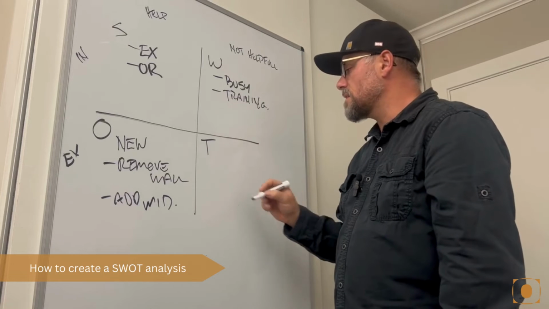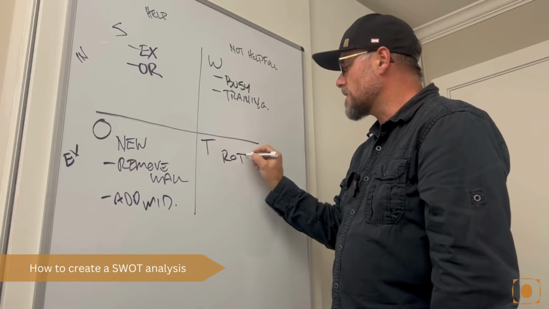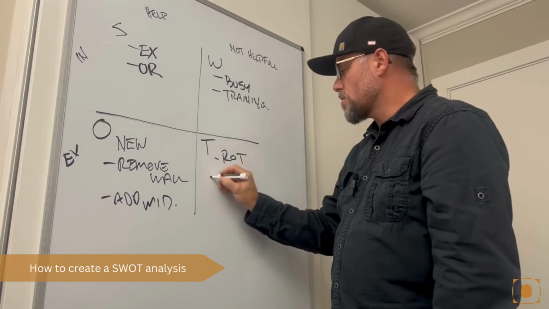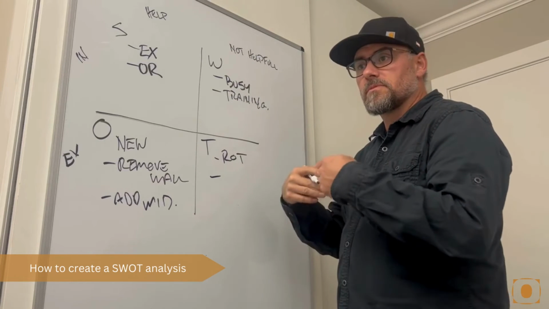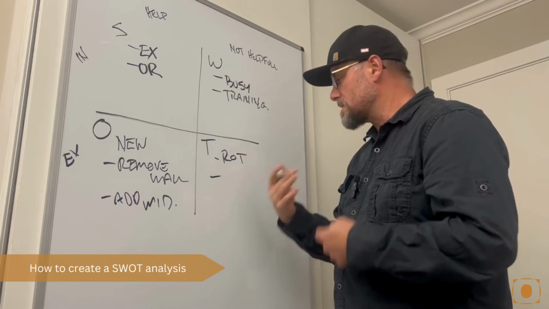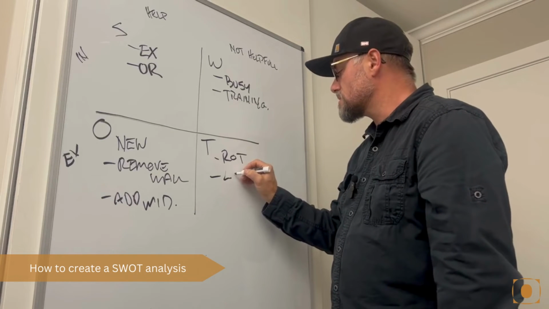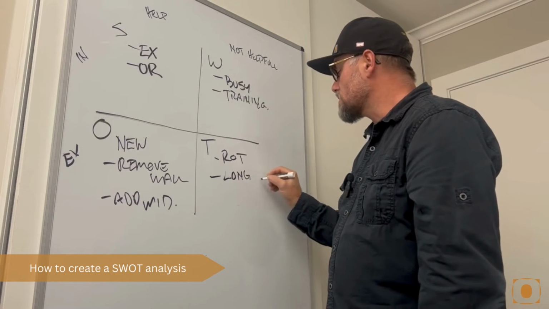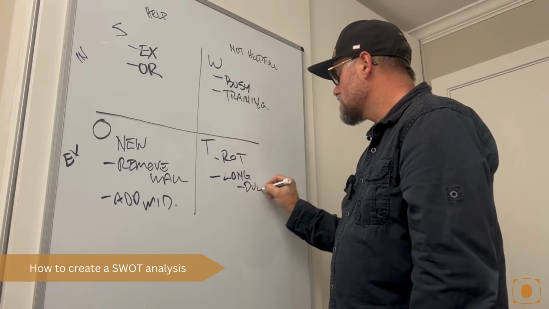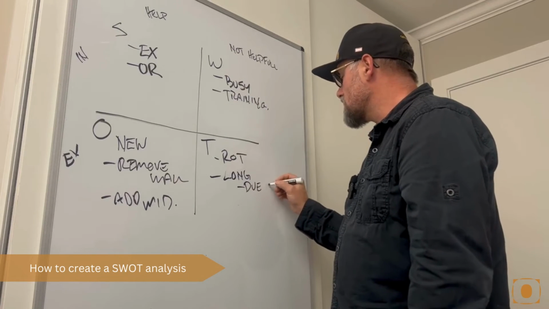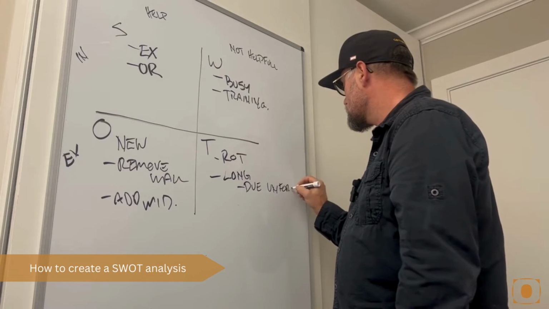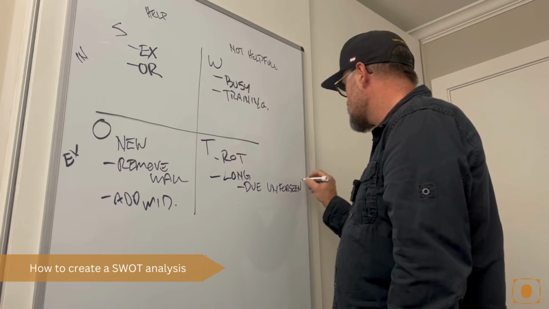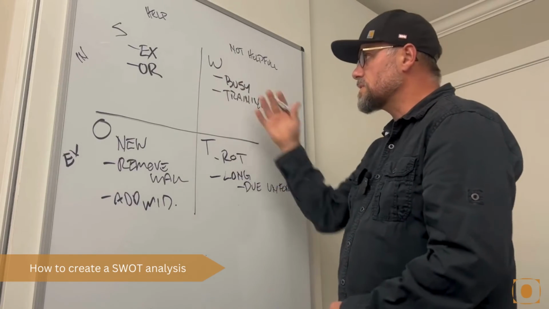Your threats could be you've got some rot issues. Or another threat would be that the floor has been glued down. It's going to take longer to do the reno, so it's longer due to unforeseen items. So this is what you kind of look at.